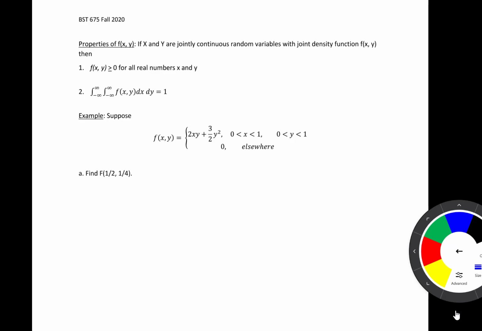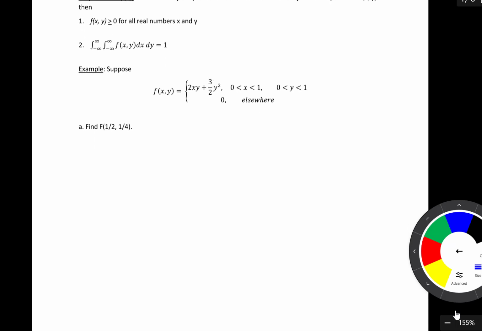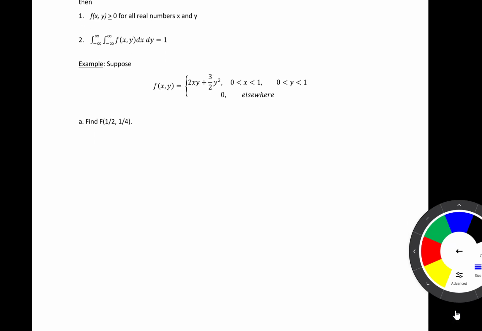So let's look at an example here. Here we have our joint density function, and we're going to start off by finding capital F of 1/2, 1/4. You always want to start by graphing the region over which you're going to integrate. So what we're really going to be plotting here is the xy plane, and then we're going to integrate over that plane. Here we're going to start out with our region. We've got x and we've got y.